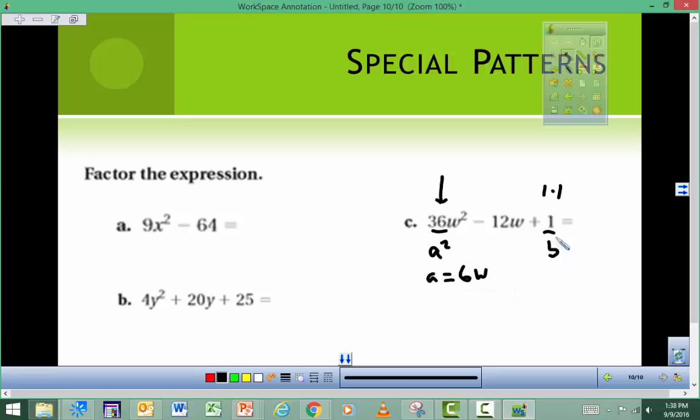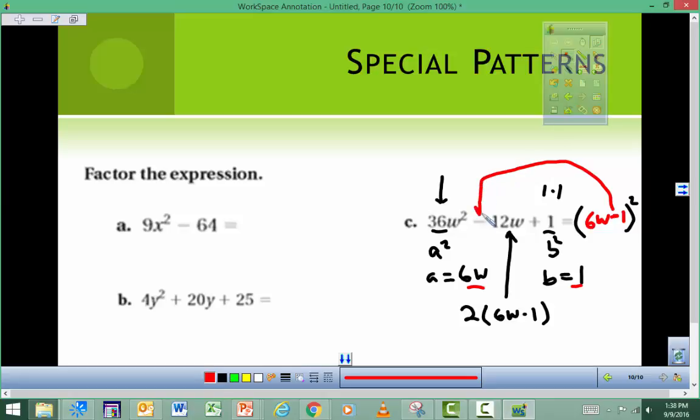And if this is b squared, then b is equal to 1. And now, if we try the 2ab part, we have to take the 6w and multiply it by 1. That does equal 12. Okay? So what do we get here? It's a perfect square, right? And so what do we get? It's the 6w, minus, and we have a 1. And this time it's minus. And you know it is because of that.